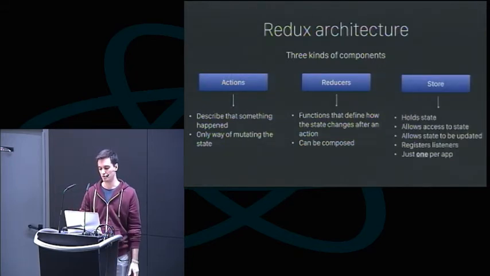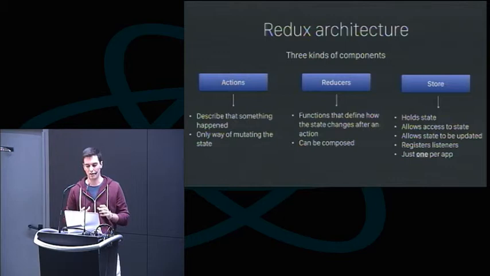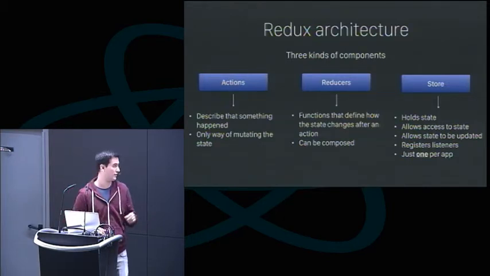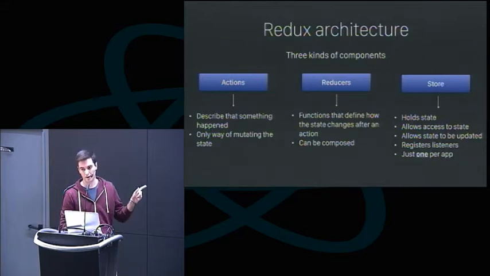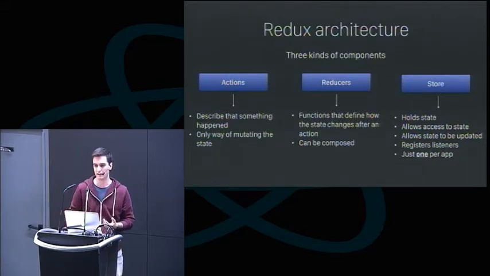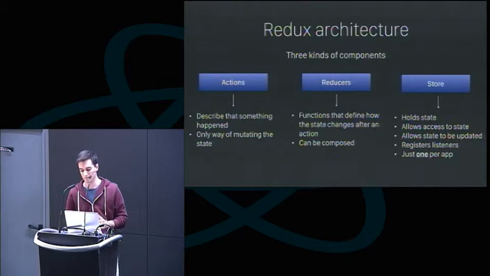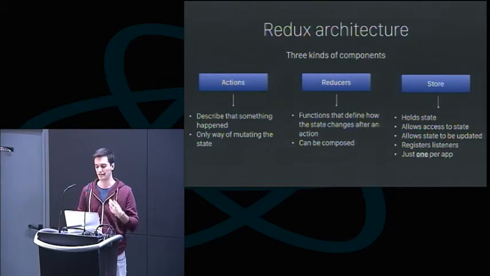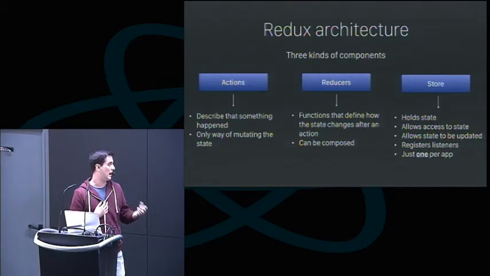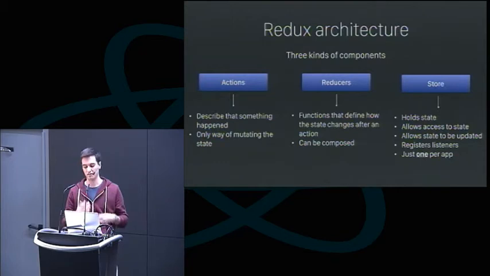And finally, the store. The store is the component that holds the state. You may notice that I said store and not stores because there's just one single store. It allows access to state, updates the state, registers listeners, as usual.